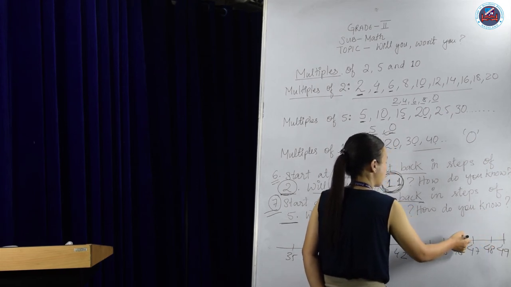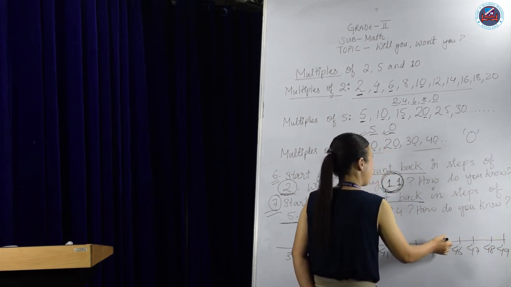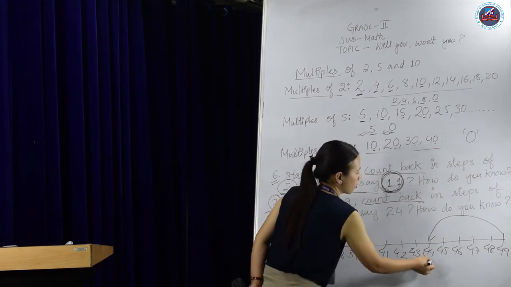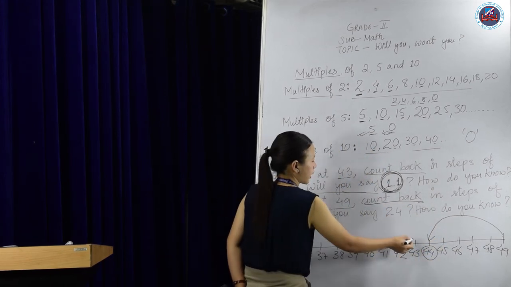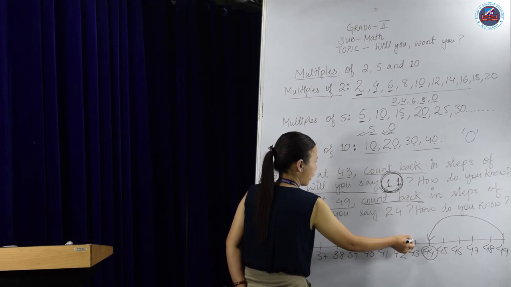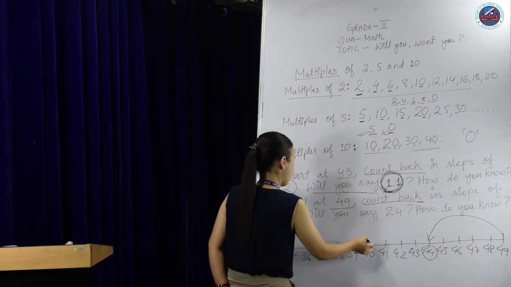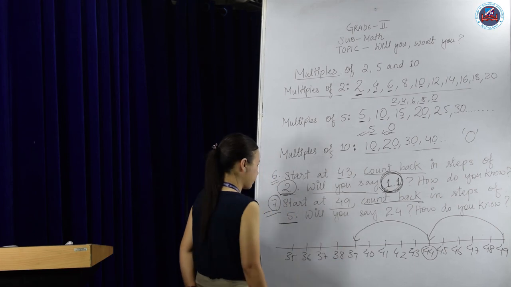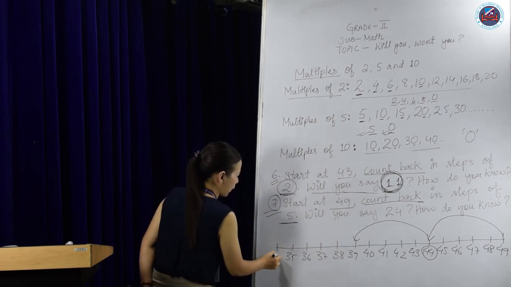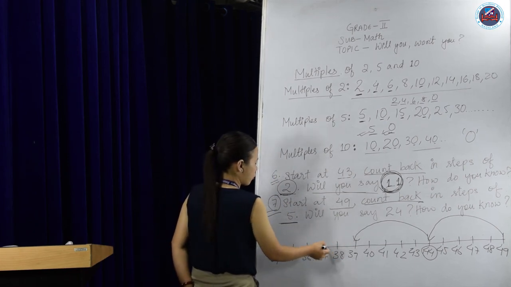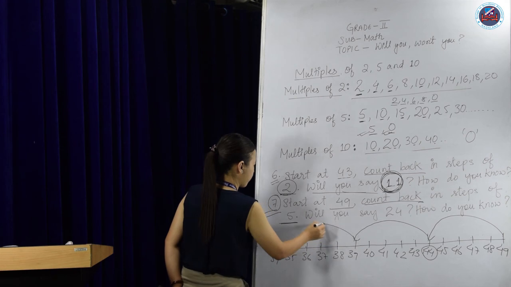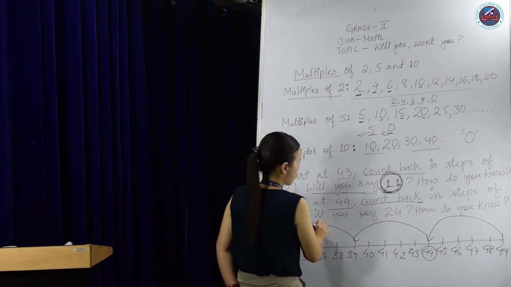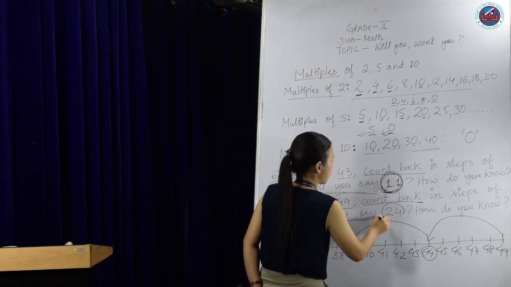So 1, 2, 3, 4, 5. So I'm going to start back, and then get 44. Take 5 steps back. 1, 2, 3, 4, 5. Taken 5 steps back. Now here it says, will you say 24?